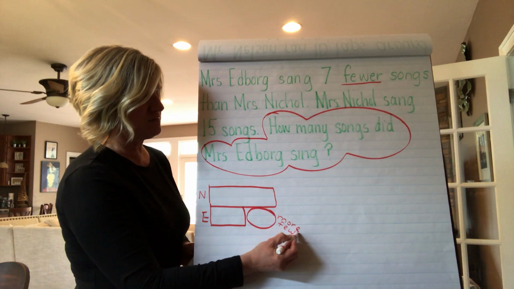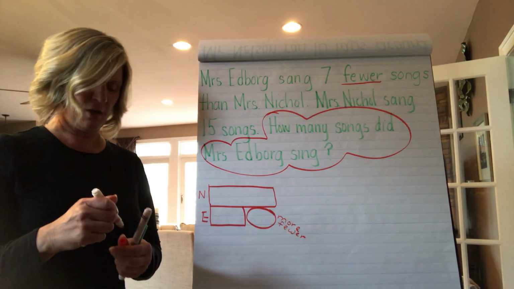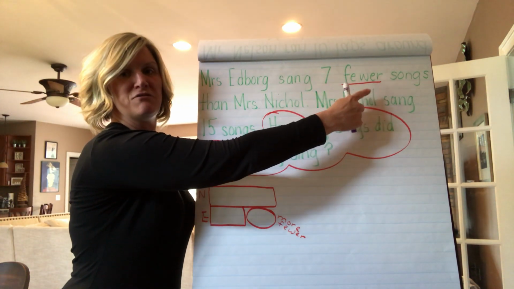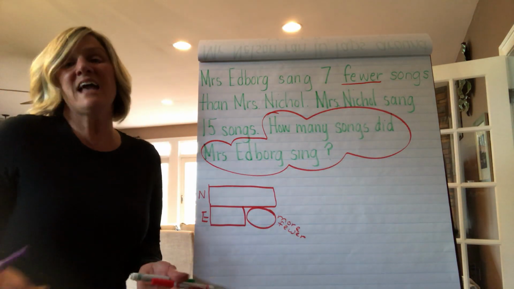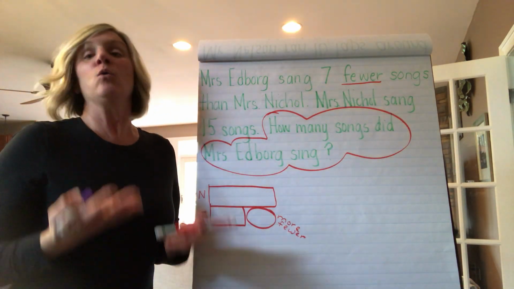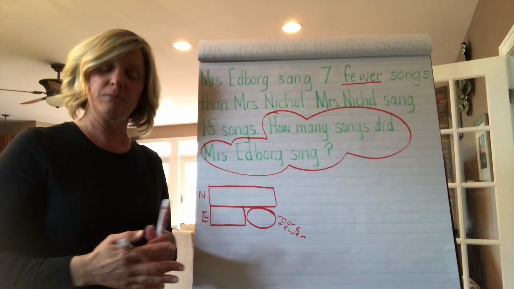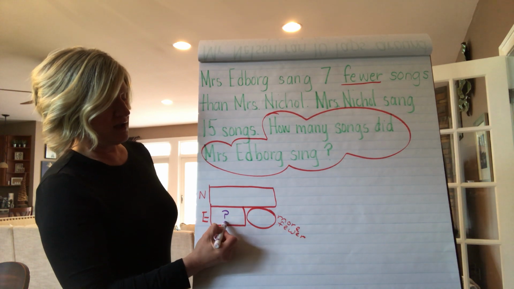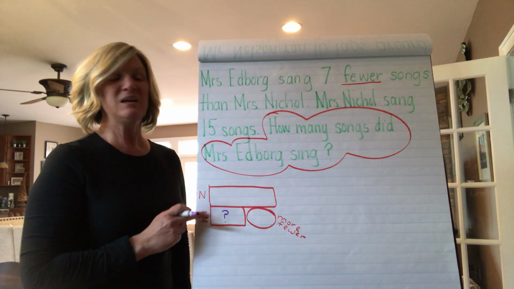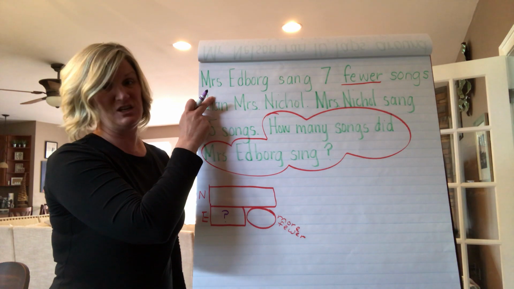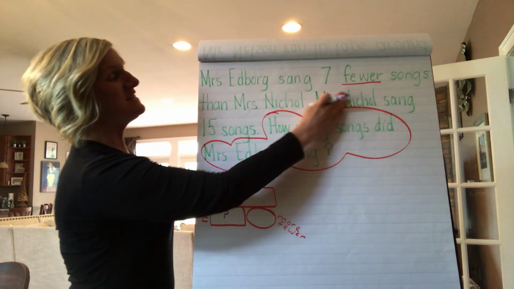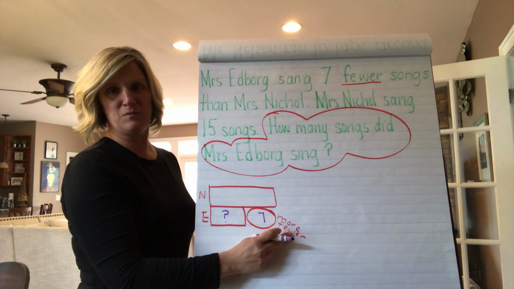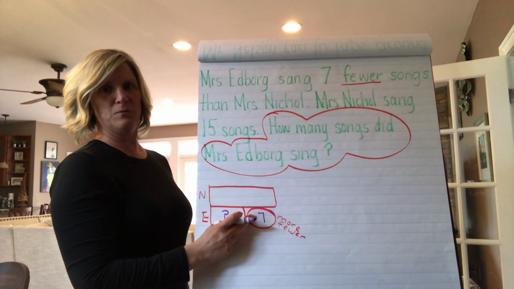So now that we know that, let's try to plunk in our numbers. It says Mrs. Edborg sang 7 fewer. It doesn't tell me how many she sang. We just know she sang 7 fewer. So I'm going to put a question mark right here in Mrs. Edborg's box because it didn't tell me how many she sang. It did tell me she sang 7 fewer, so I can put the 7 right here in the more, fewer, awesome oval.